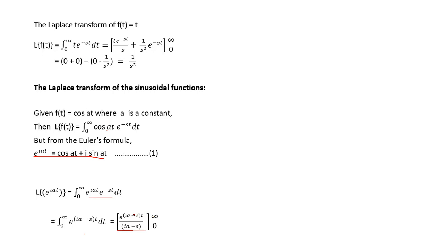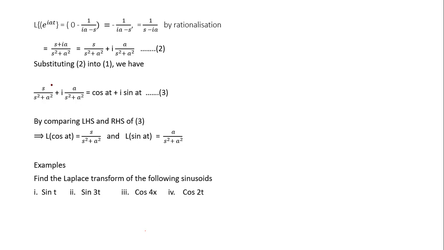So it becomes 0 over ia minus s, which is the same as 0. Now minus, we put the 0 also inside, and that will give us 1 over ia minus s. So simplifying, we are now going to get negative 1 over ia minus s.